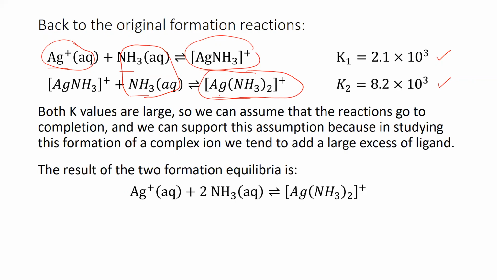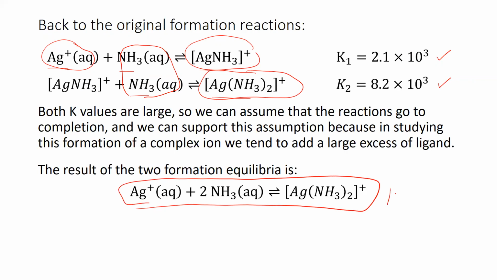But we know that those Ks are large, so each of these reactions is going to lie toward the right, okay? And overall, if you add two equivalents, you can add those equations together. And when you add those equations together, you get an overall chemical reaction like this.